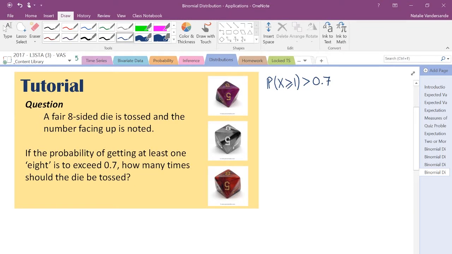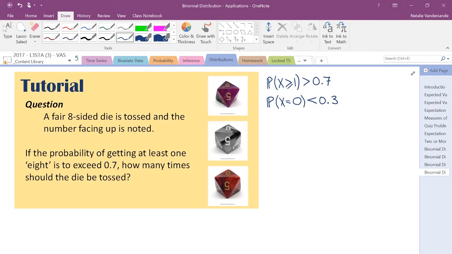This shows the probability that x is at least 1 must exceed, so be bigger than, 0.7. The complementary statement to this is the probability that x equals 0 must be less than 0.3.